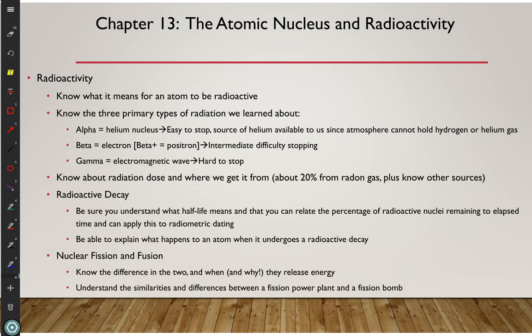But if I come really, really fast, I'll have enough energy to overcome his attempt to hold me away and we'll still have a collision. The same thing occurs with nuclei. You have that repulsive force from the nuclei pushing them apart. But if you have them moving fast enough, they will have enough energy to overcome that repulsion.